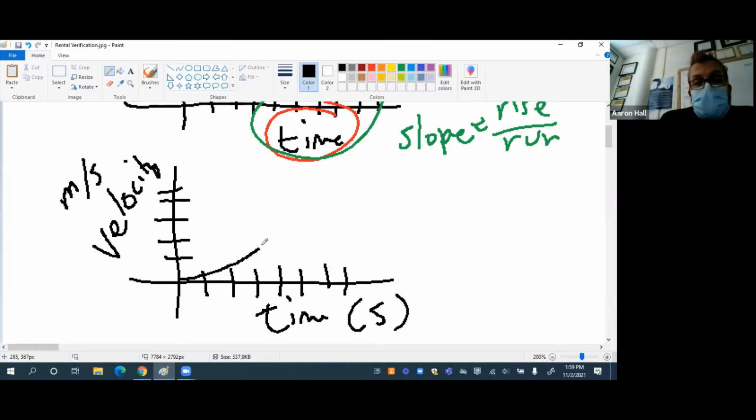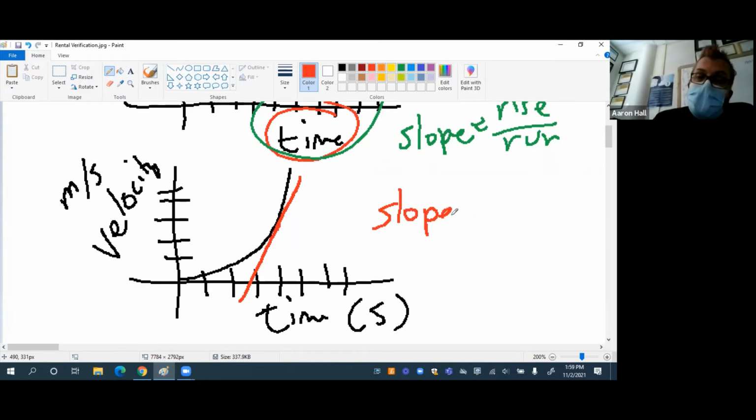So we have some curve like this, and I want to find the instantaneous rate of change. Here's my tangent line at some particular point. What are my units when I find my slope? Again, slope is defined by rise over run. The rise would be what in units? That would be meters per second, and my run is seconds.